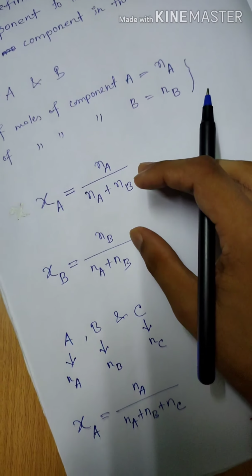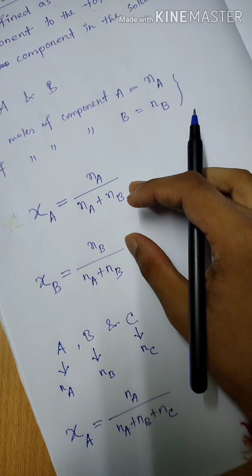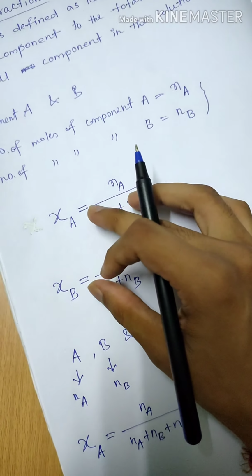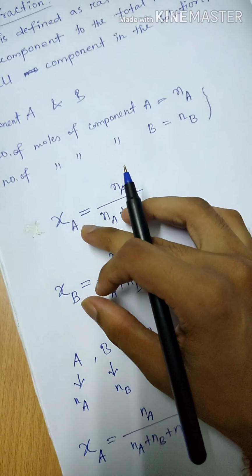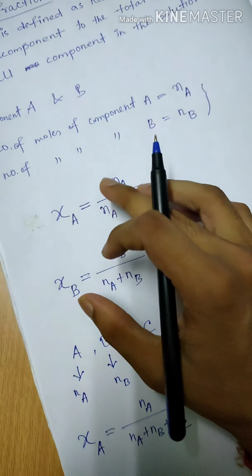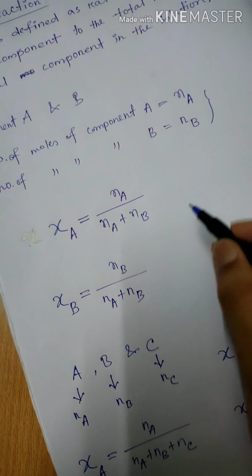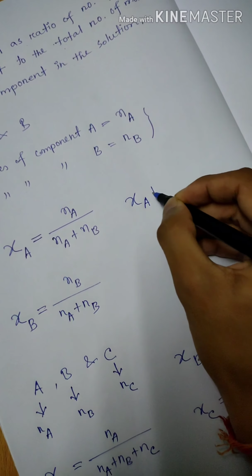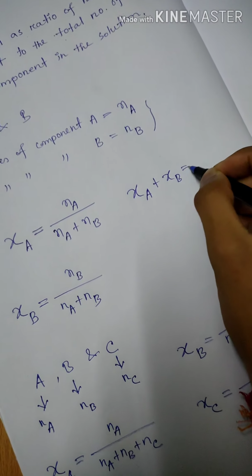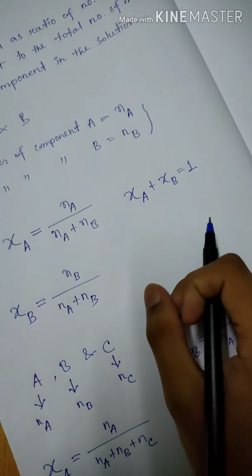Now you can see another interesting thing. The sum of the mole fractions, xi A plus xi B, is equal to 1. How? I am showing you. xi A plus xi B equals, the value of xi A is Na by Na plus Nb, and the value of xi B is Nb by Na plus Nb. If we take the LCM, it will be Na plus Nb, so we get Na plus Nb over Na plus Nb. Now if we cancel this, the result will be 1.